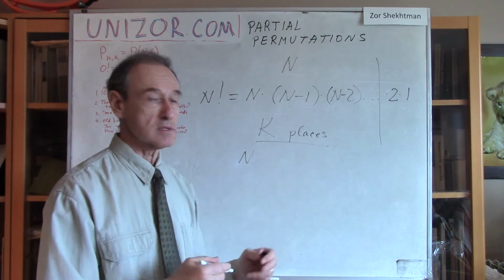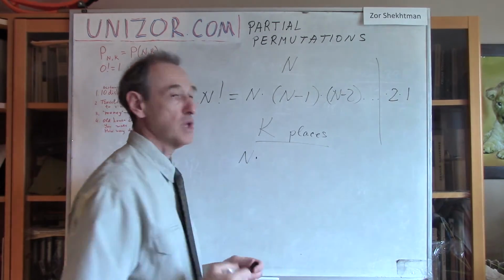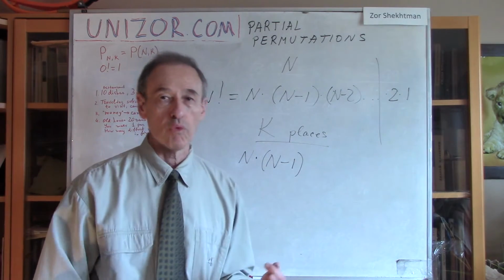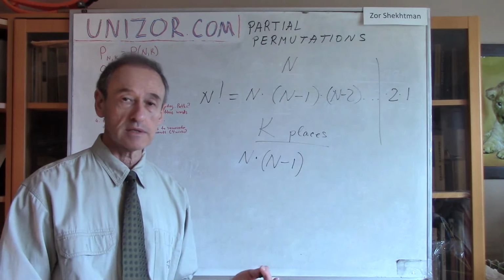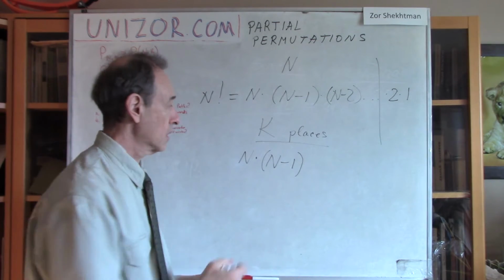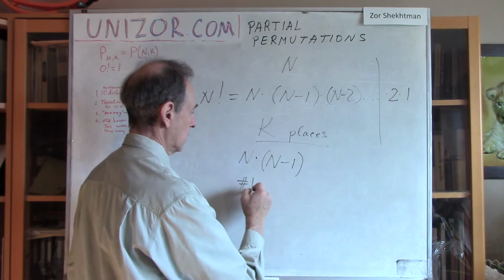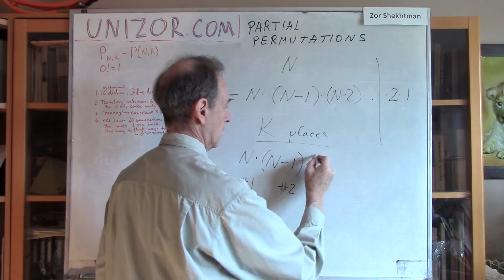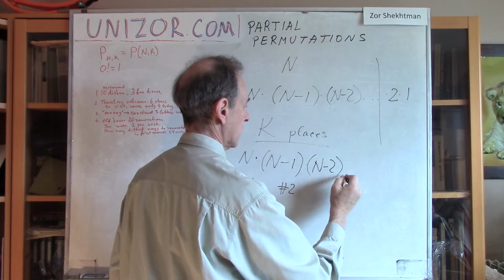With each of these we have n minus 1 choices for the next object, object number 2, n minus 2 obviously, etc.